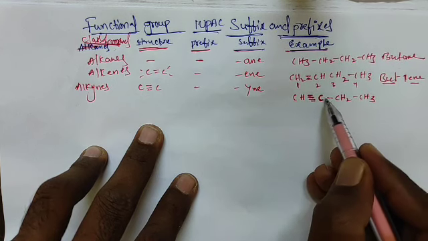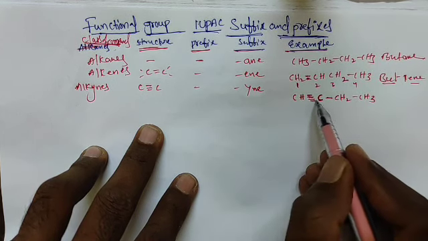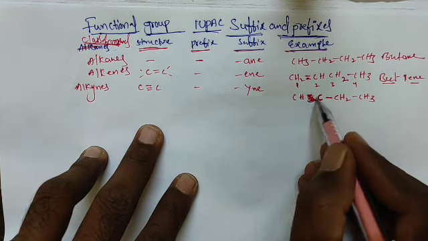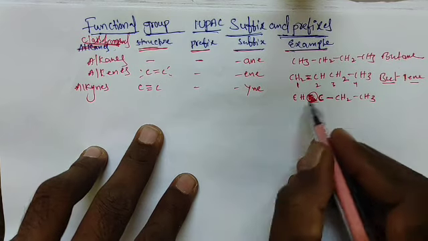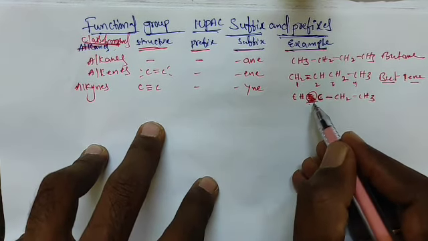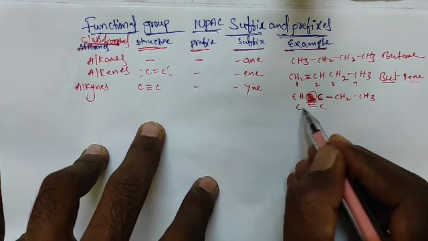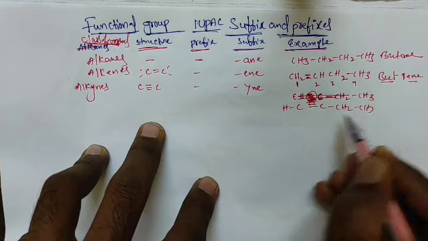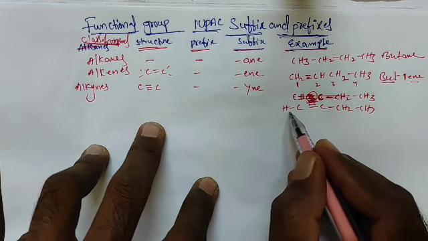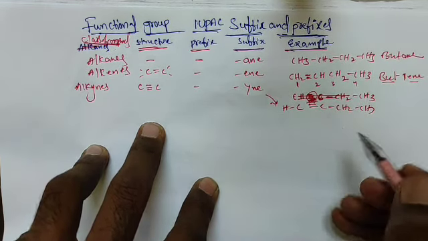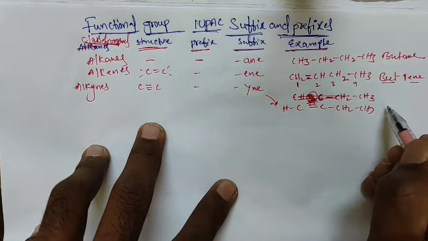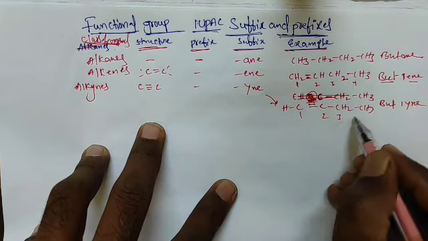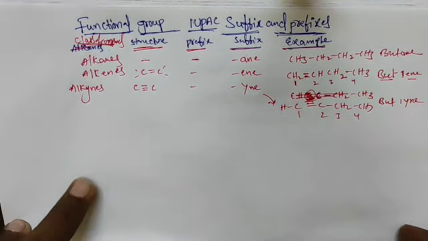Because three bonds are already there, plus one more bond makes four, which is enough. In expanded form I write CH2 and CH3; there are three bonds between these carbons, and here one hydrogen is there. The name is but-1-yne, with four carbons.